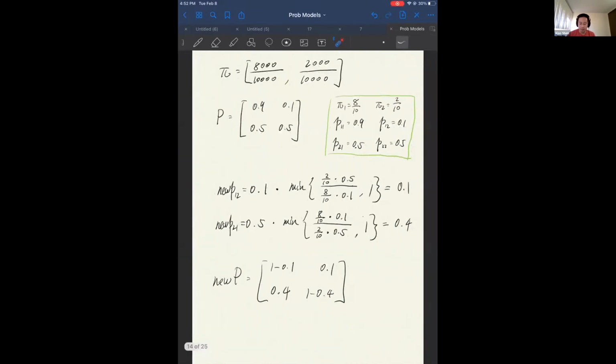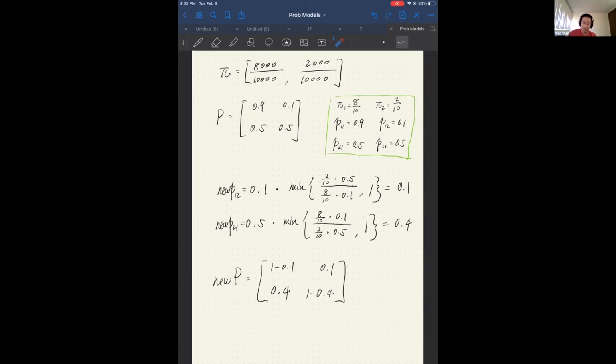So for the last part, in our weather model, if this is our target, and we start from this initial matrix P, and I translate them to this table here, then pi1, pi2 are given, and P11, P12, P21, P22 were all given.